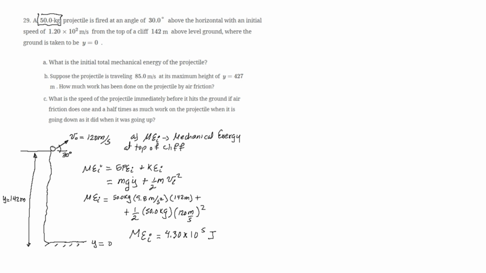In the second part, they say suppose the projectile is traveling at 85 meters per second at its maximum height, and ask how much work has been done on the projectile by air resistance. Basically, the projectile has gone from the top of the cliff, where it was fired with an initial velocity of 120 meters per second, and follows a parabolic trajectory.